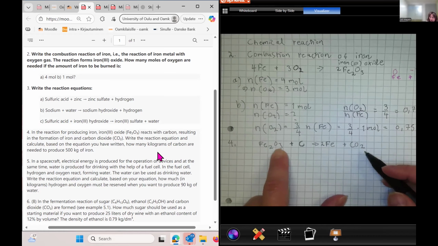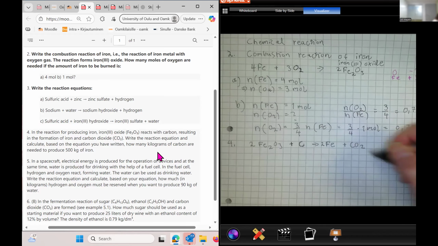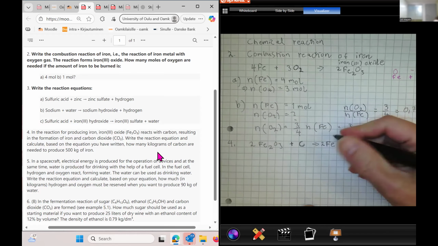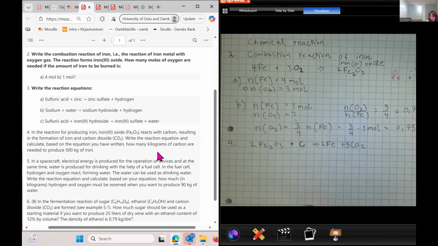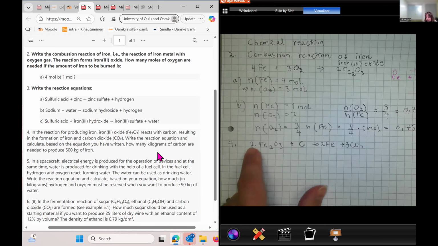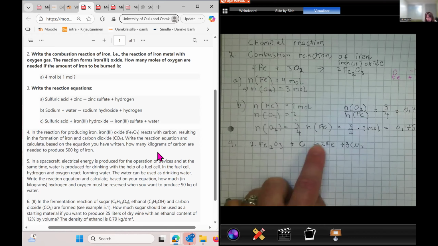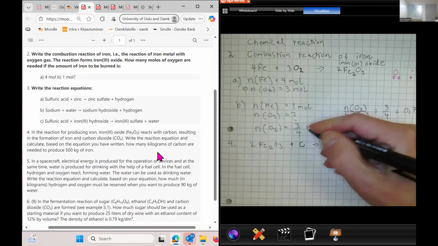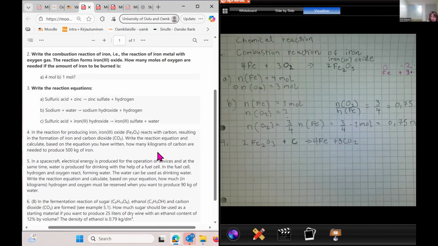So it looks like I again need here the 2 and here the 3, so that I get the oxygens balanced. And then obviously here I need actually 4. And now I would have the balanced equation for the reaction.